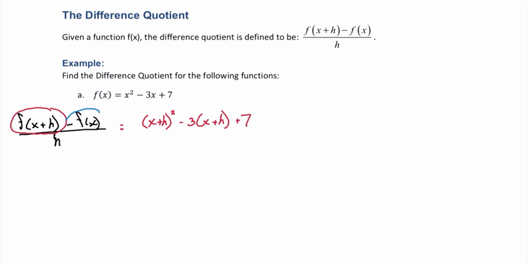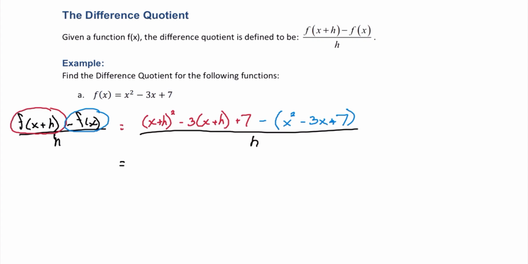And then we're going to subtract the original f. So minus, and in parentheses, we'll just copy the original f function. And all of that is divided by h.